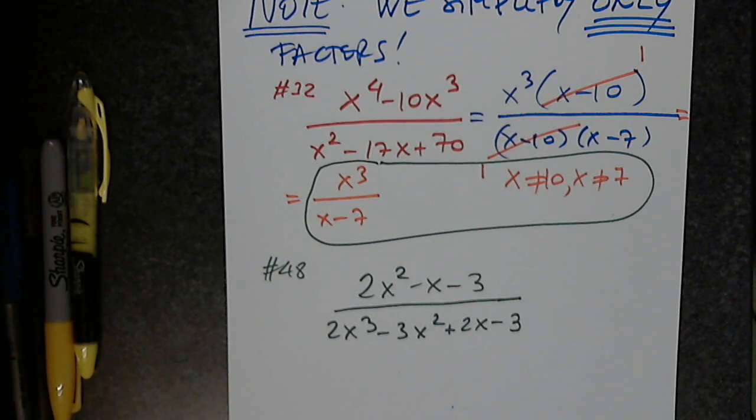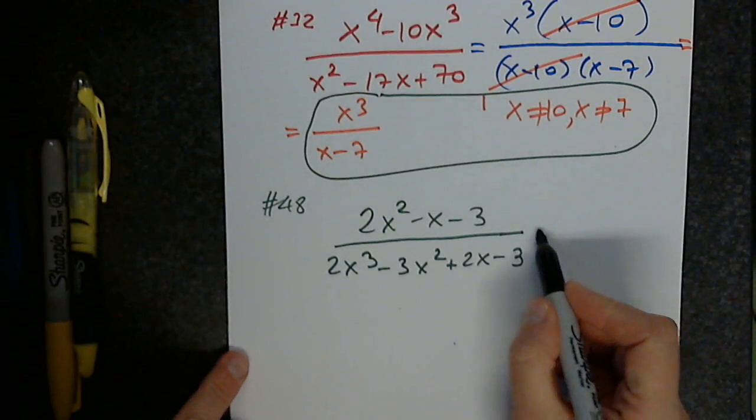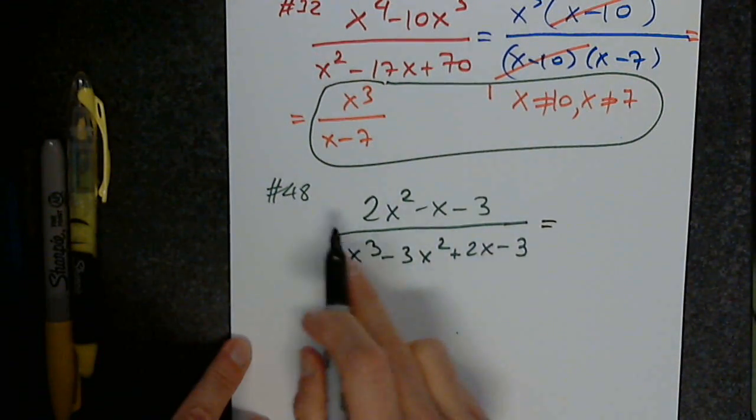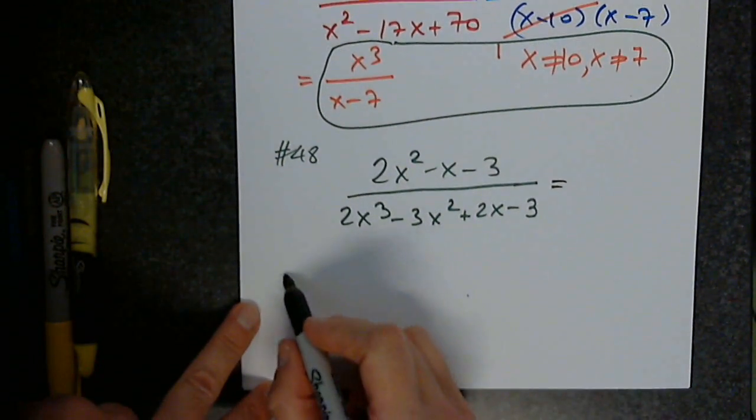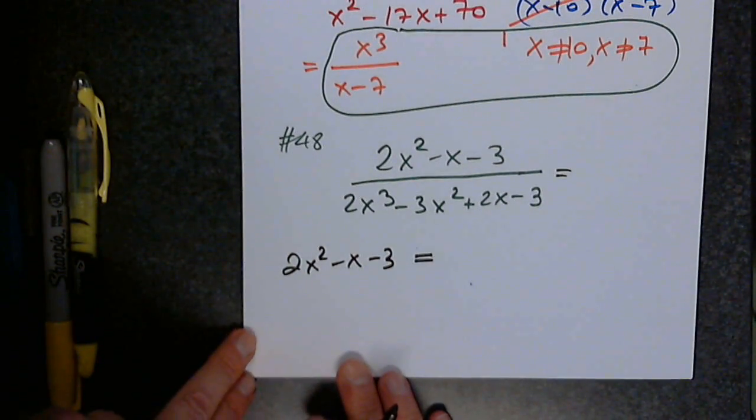Can I simplify anything in this stage? What do I have to do then? I will take 2x squared minus x minus 3 aside. It's in descending order.